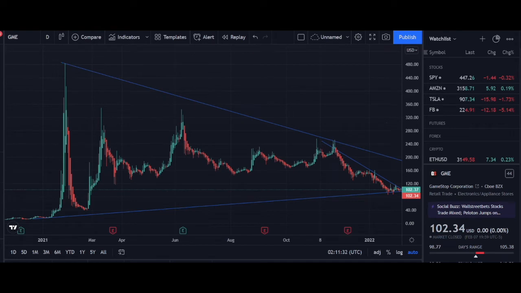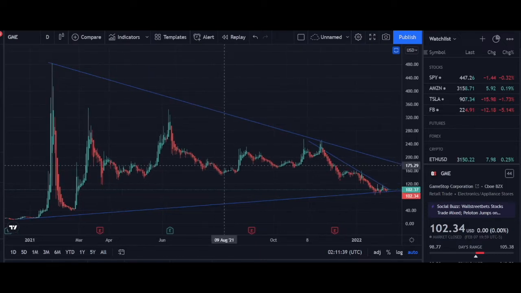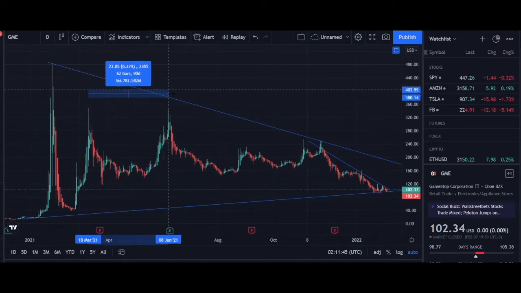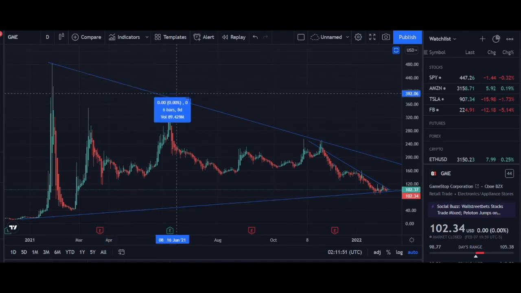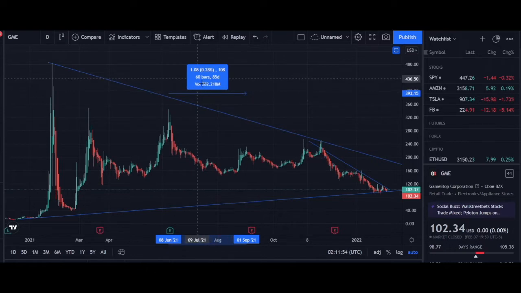So again, as I've been saying, this entire graph is algorithmic controlled and has nothing to do with retail buying whatsoever, and I'm going to prove it to you. So if we go from this peak to this peak, we got 62 trading days and 90 calendar days. If we go from this peak to this peak, again, 60 trading days and 85 calendar days.